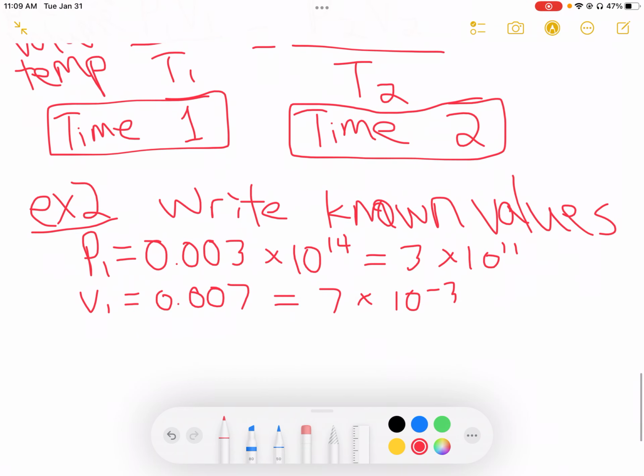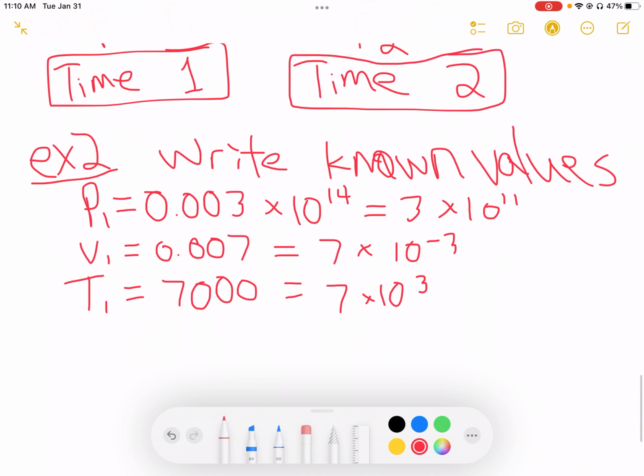So I'm going to write the known values. They gave me a T1 as well. They said T1 equals 7,000 Kelvin. This one's not necessarily the most important to write in scientific notation because it's not that hard of a number, but nevertheless, it doesn't hurt. So 7 times 10 to the 3. And then they said it had a final volume.